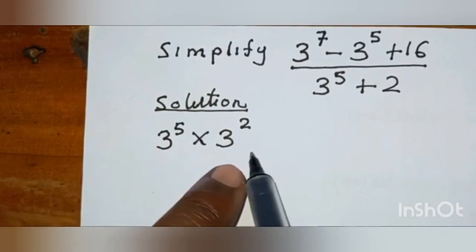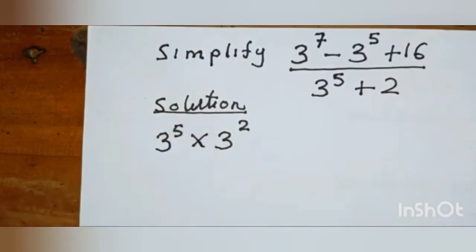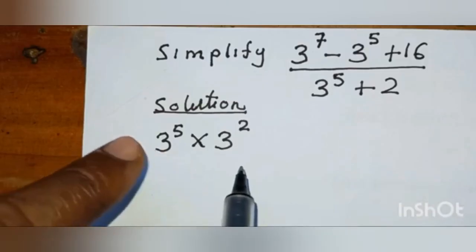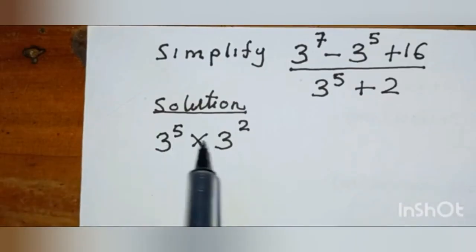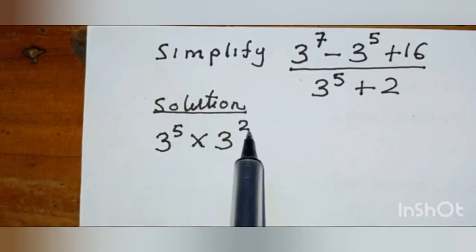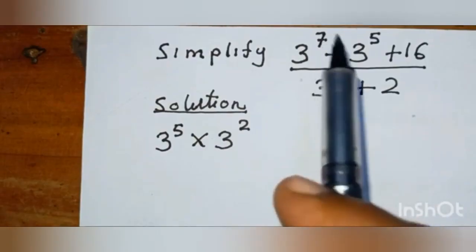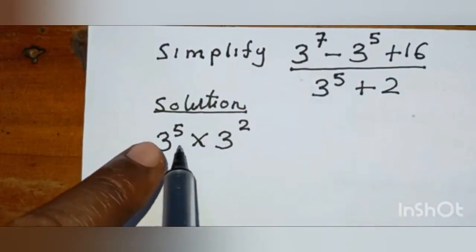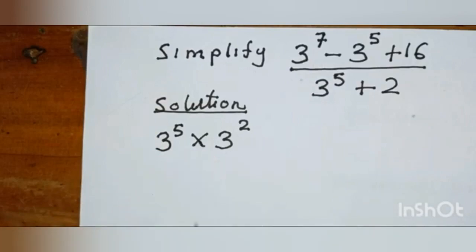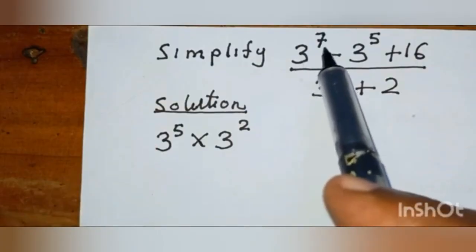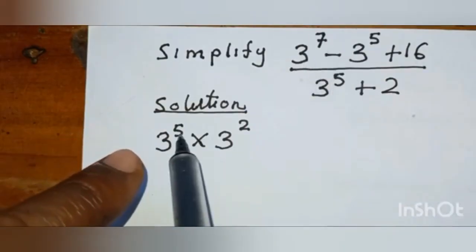Since they have the same base, by using the product rule of exponents, we only add the exponents. 5 plus 2 is 7. That's why we have written 3 power 5 times 3 power 2, because this equals 3 power 7 by adding the exponents.